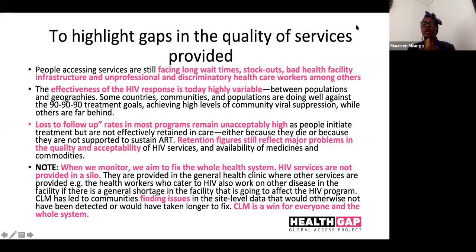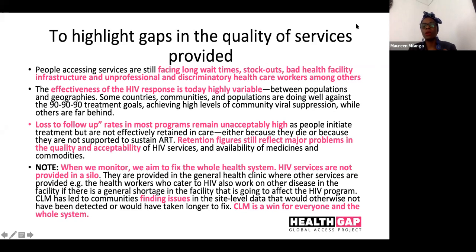We have faced stockouts, bad infrastructure, unprofessional health workers, and discriminatory services, especially among key populations. Even currently, you go to one facility and they give you very good services, and you go to another facility and they give you very bad services. Community-led monitoring allows us to highlight those types of challenges and gaps in quality of service delivery.